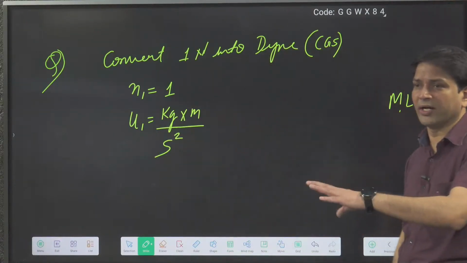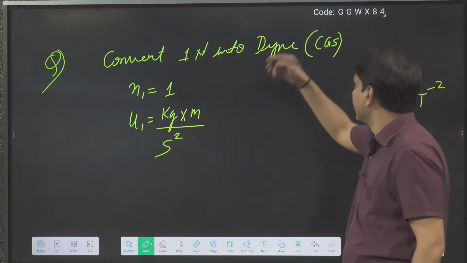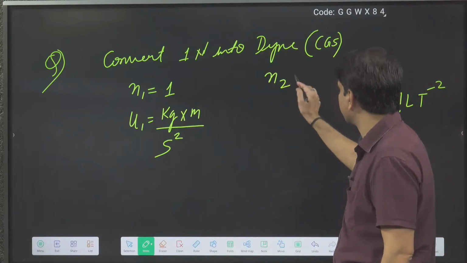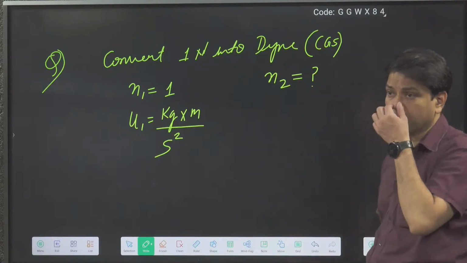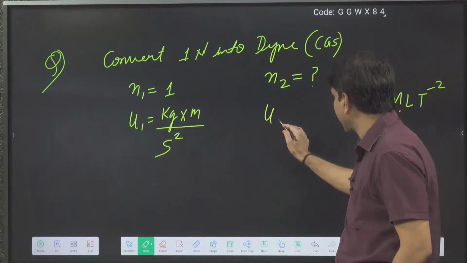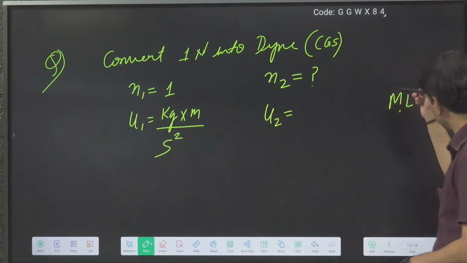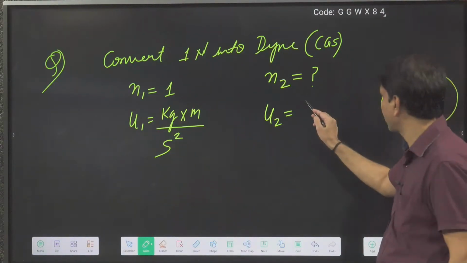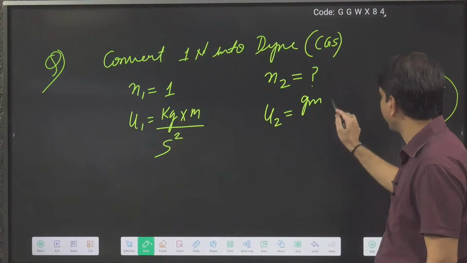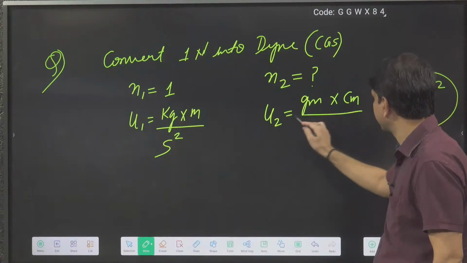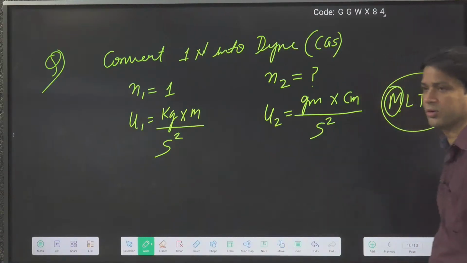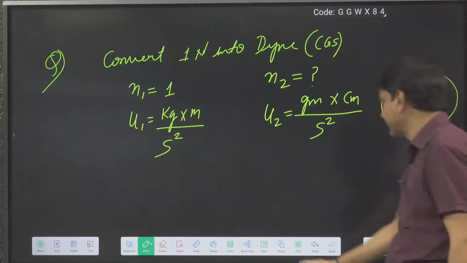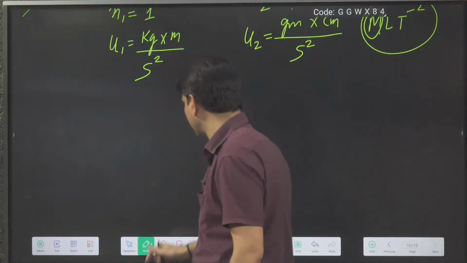So N1 is 1, U1 is this. In the second system they are asking the magnitude, so N2 they are asking. And U2, what will I write? U2 is the same; dimension will not change by changing the system. Now in place of mass in CGS, I will put gram. In place of length, centimeter. In place of time, second. Now we can apply N1 U1 is equal to N2 U2.